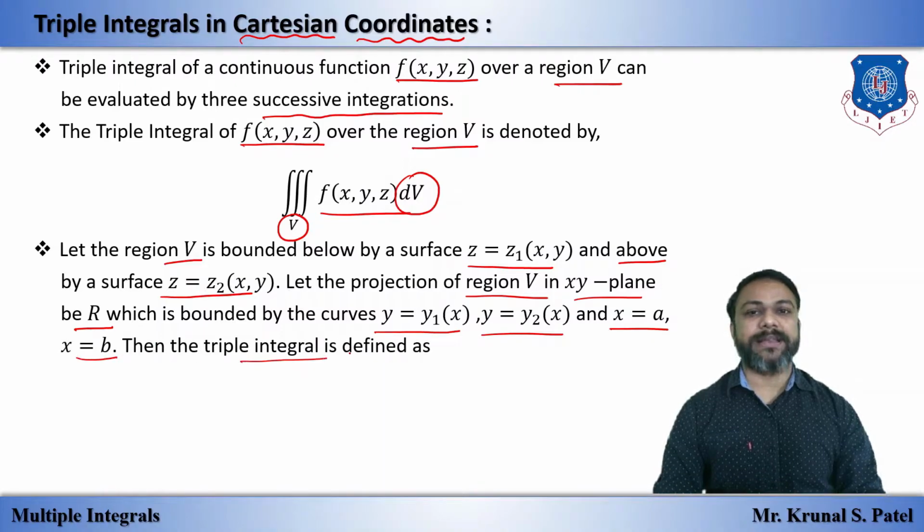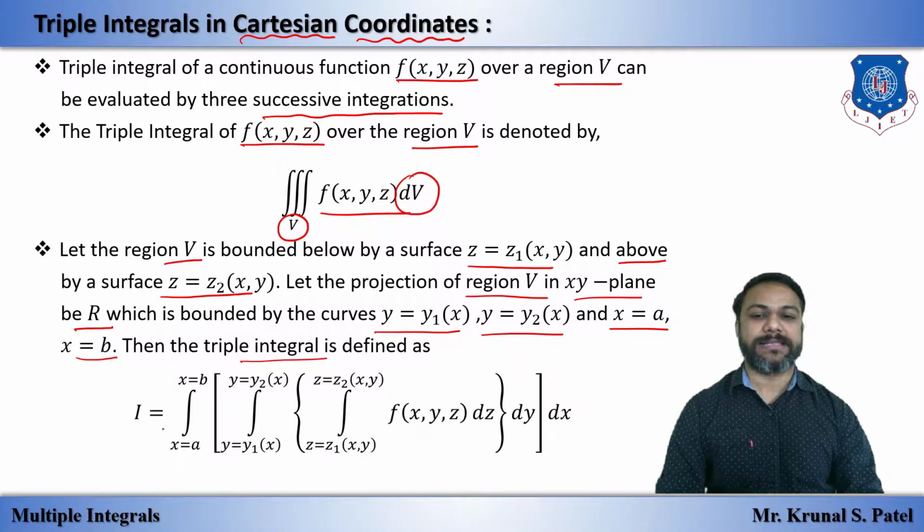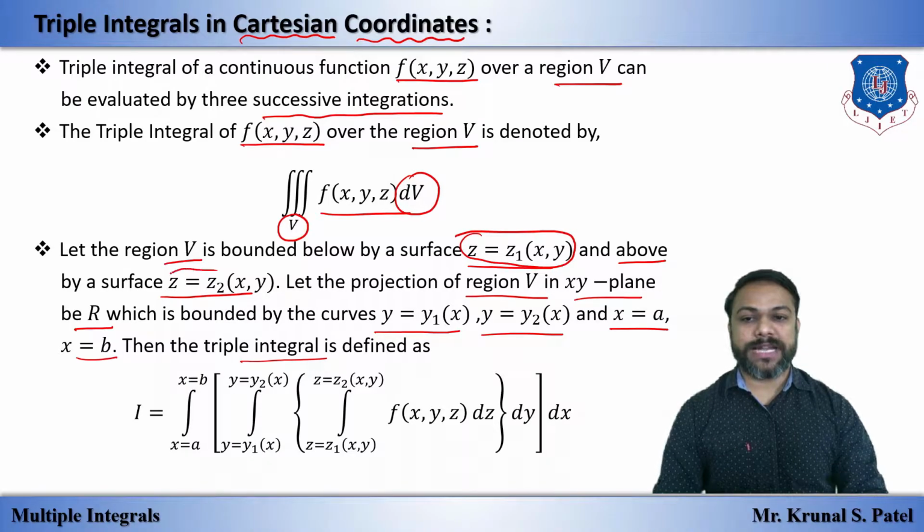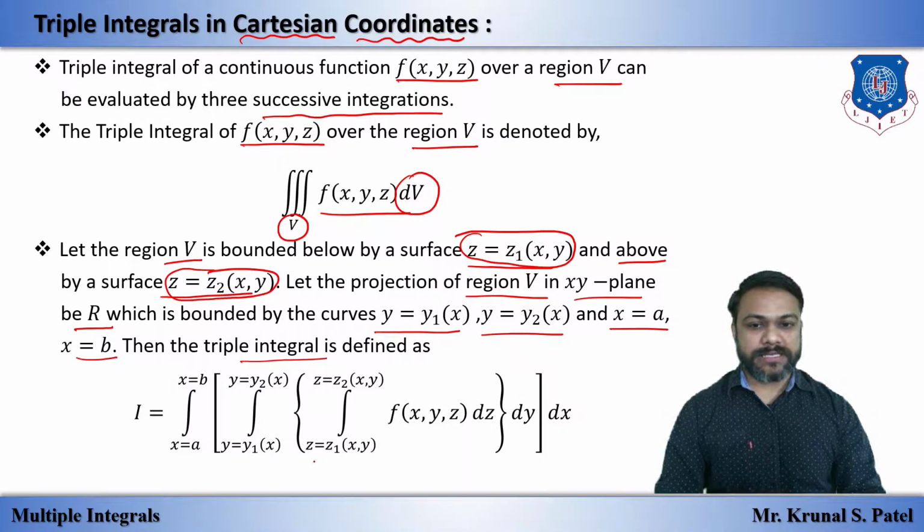Then the triple integral is defined as this: I is equal to the limits of z, z is equal to z1 to z is equal to z2, which are functions of x and y.